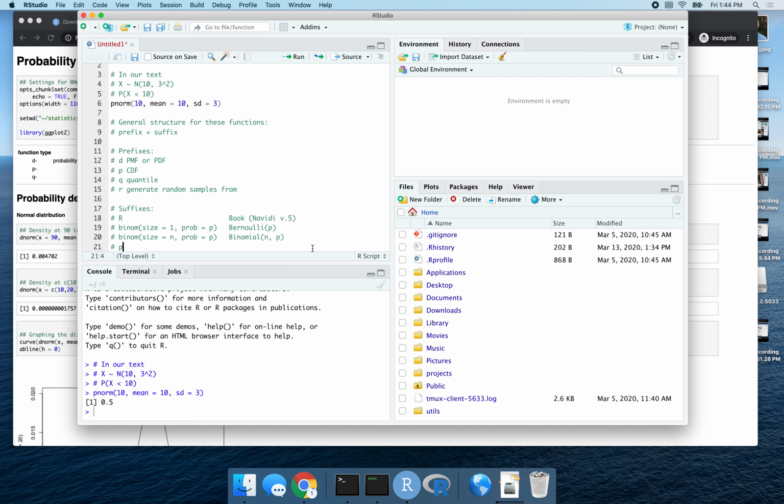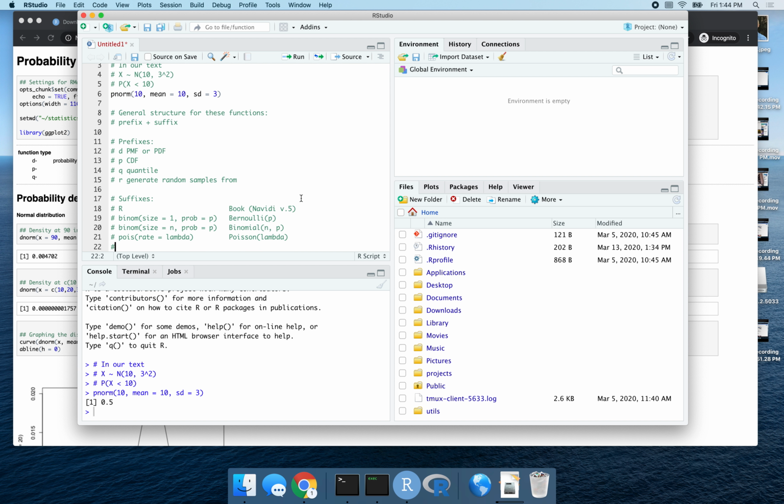Then we have another discrete one, Poisson, rate equal to lambda. In our book we have Poisson lambda. Now what we were just doing up above in this example, this pnorm, the suffix is norm.